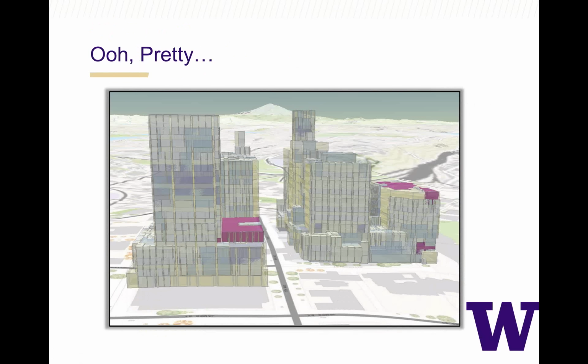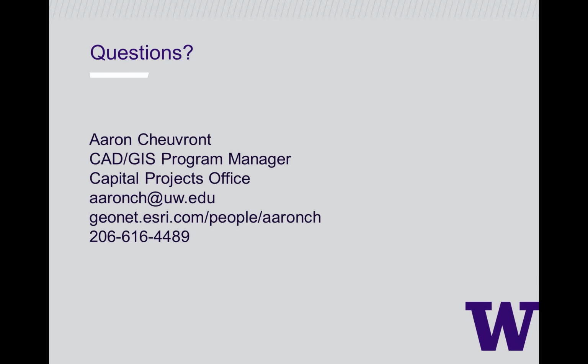They're just pretty to me. But because Pro does have a world topography map, you do get true elevation in there to go along with it. And I am done early, and I have lots of time for questions.